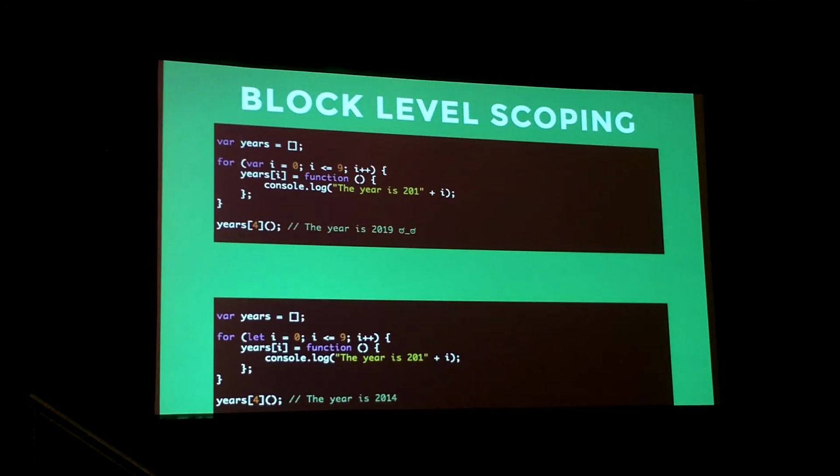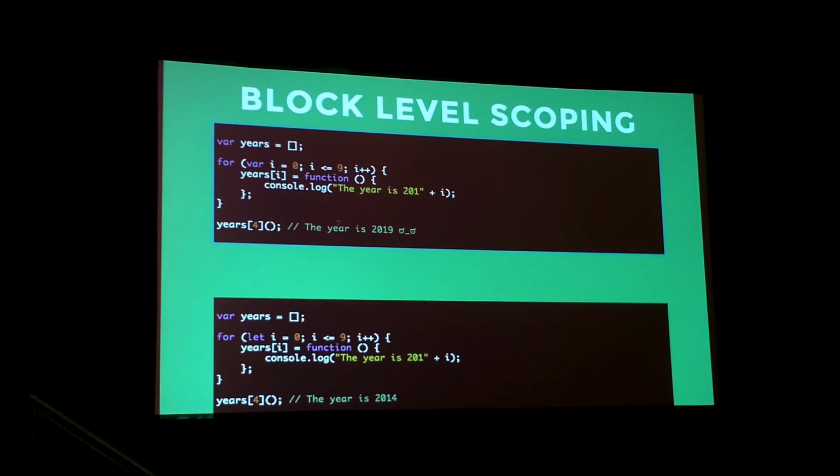As an example here, we've got this array, years. And we are just iterating from 0 to 9, and assigning a function to that position in the array that logs out the year is 20, whatever i currently is.